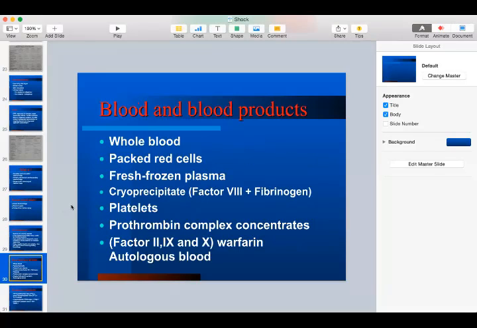Okay, moving on. Basically, blood and blood products. What are the different types of blood products that are there? We have whole blood, right, which is blood as it is in our body, including red blood cells, plasma, along with all the clotting factors and everything. That is the whole blood.